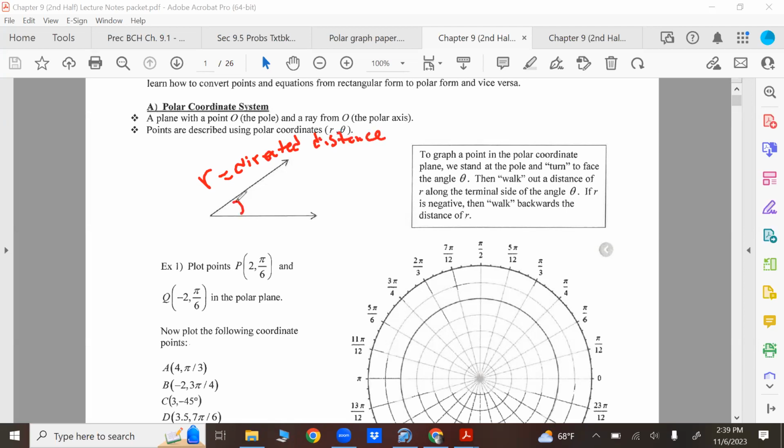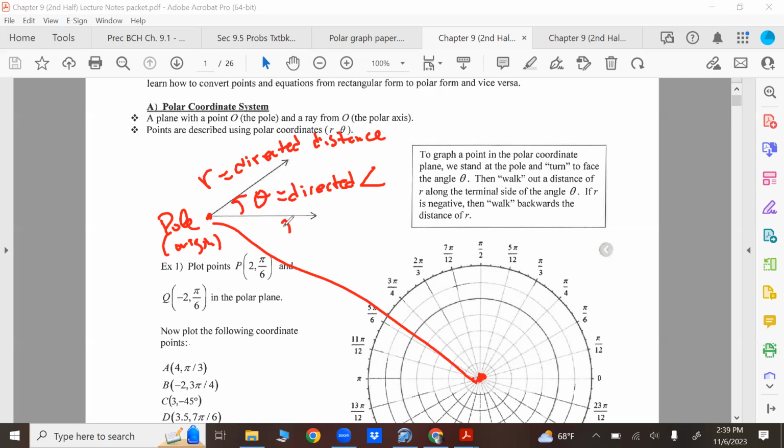This right here is theta, which we call the directed angle. This right here, like the origin, we call the pole, which is right smack in the middle. We call this the polar axis.